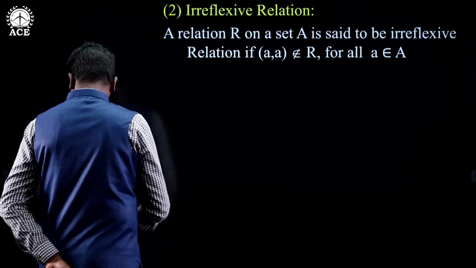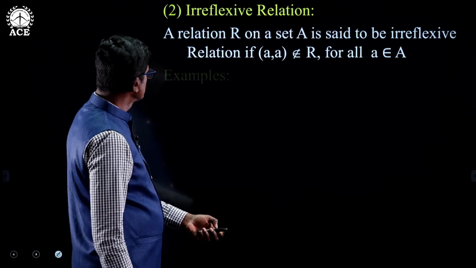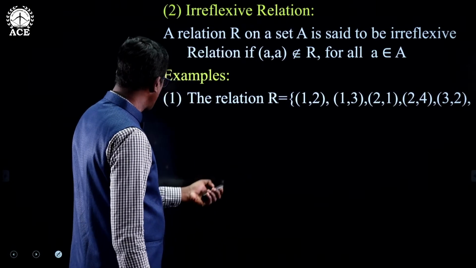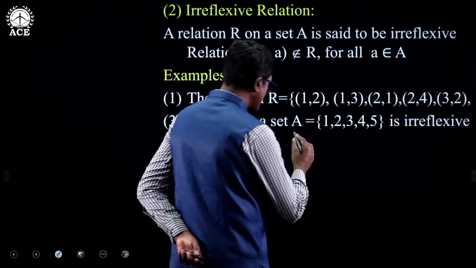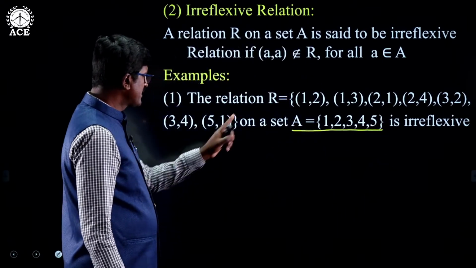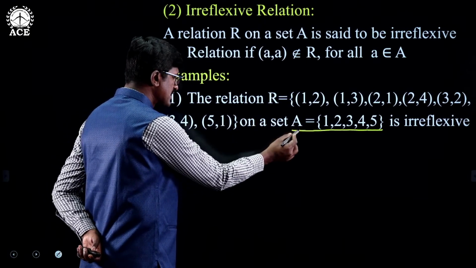Now we'll see some examples for this irreflexive relation. Here I have taken a binary relation defined on the set A = {1, 2, 3, 4, 5}.